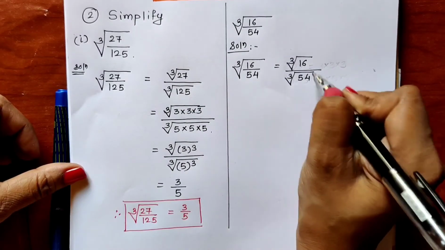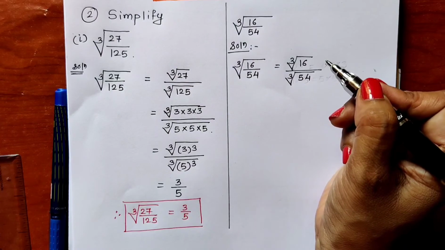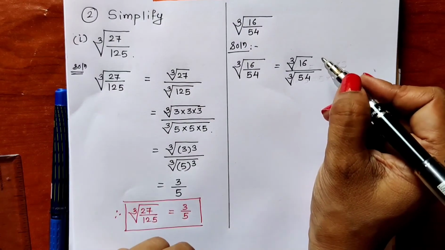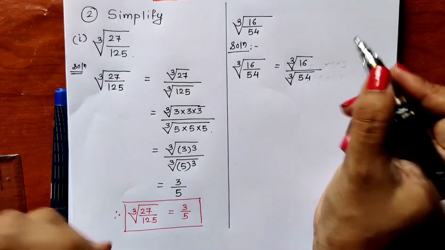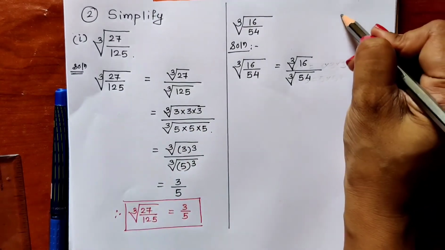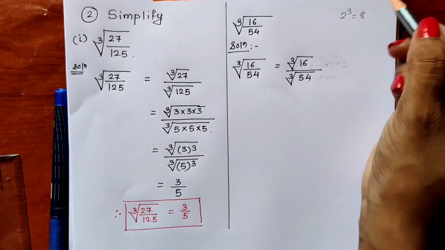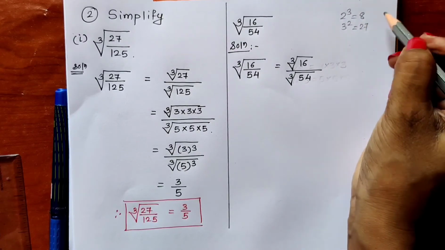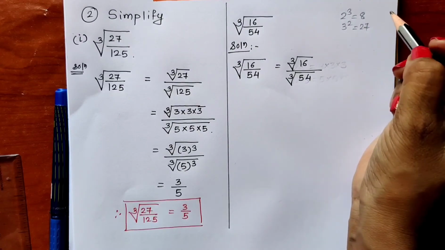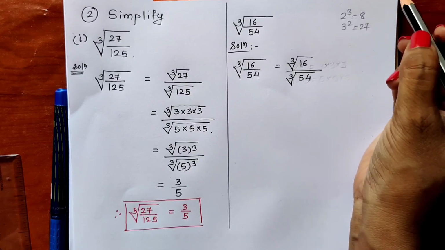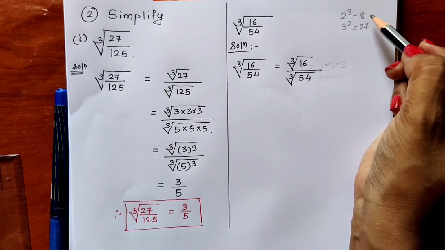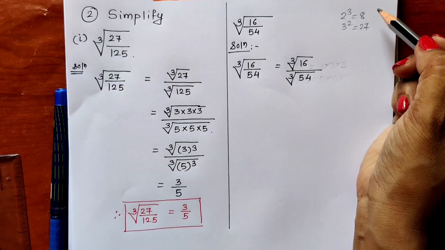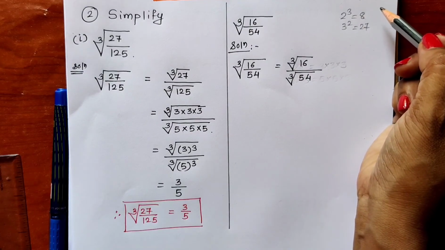Now see children, we all know 16 is not a perfect cube number. It is not cube of any number, because 2 cube is 8 and 3 cube is 27. Between 8 and 27 the numbers are not perfect cubes. That means 9, 10, 11, 12 are not cubes of any number.